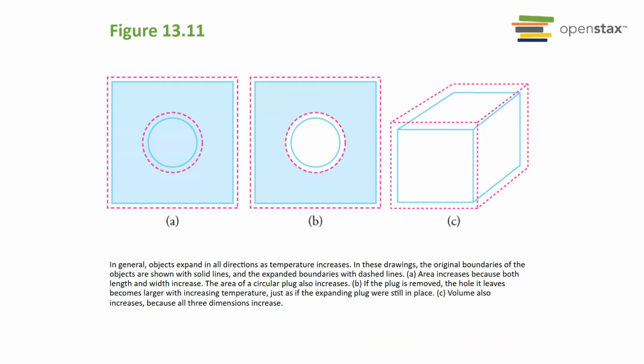In general, objects have a tendency to expand in all directions as the temperature increases. A lot of this has to do with kinetic energy. In these drawings, the original boundaries of the objects are shown with solid lines, and the expanded lines are the dashed lines. The area increases in both length and width, and the area of the circular plug increases.